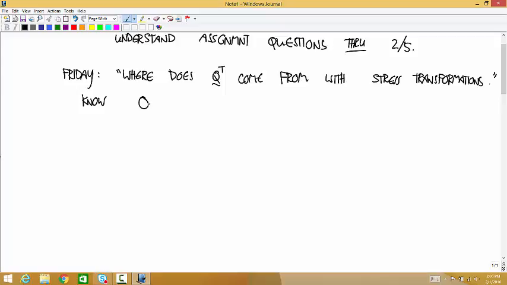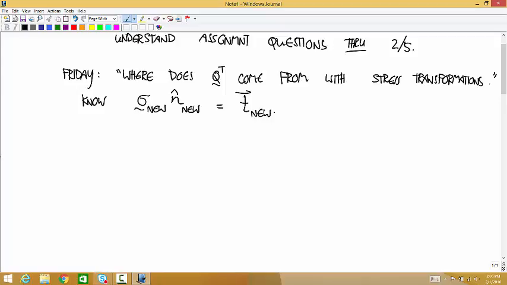We know that the stress tensor in the new coordinate system times the normal vector in the new coordinate system is equal to the traction vector in the new coordinate system.